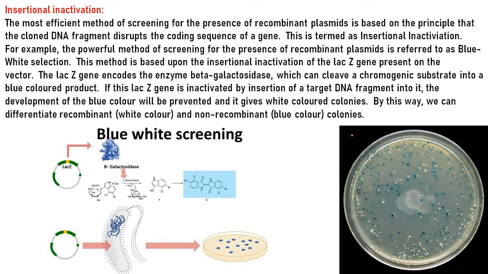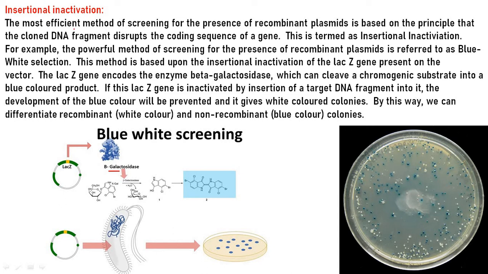The chromogenic substrate produces blue-colored colonies. If the plasmids do not have inserts, blue colonies appear; the recombinant plasmids give white-colored colonies. You can see clearly various blue and white colonies, how it looks, and it's the X-gal which is making the color, acting on the beta-galactosidase expressed from the plasmid.